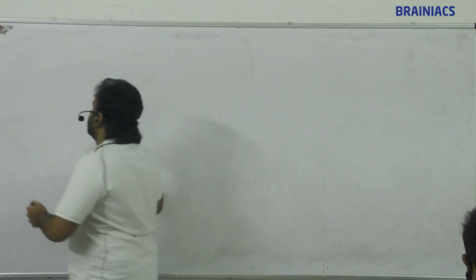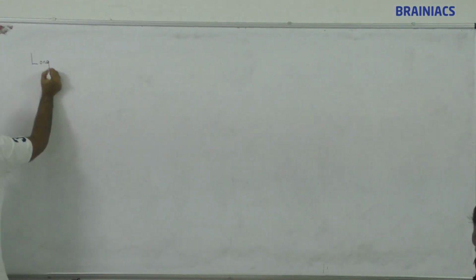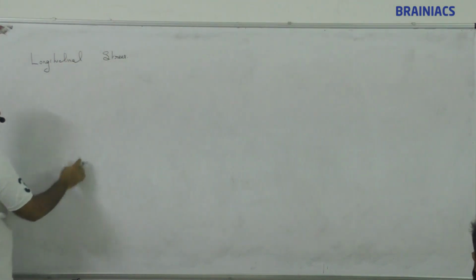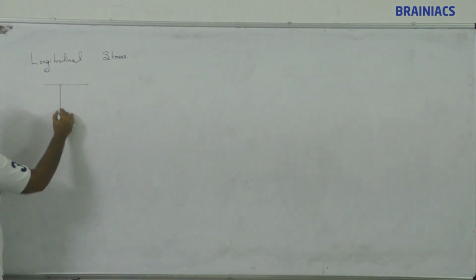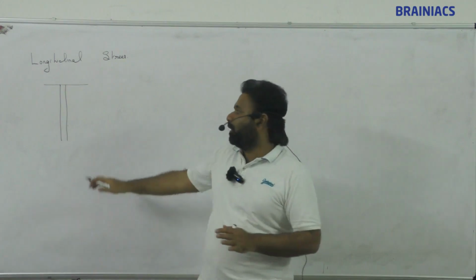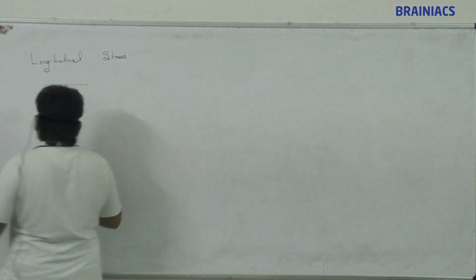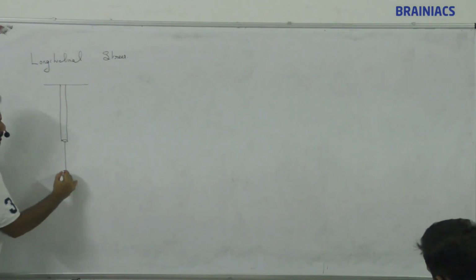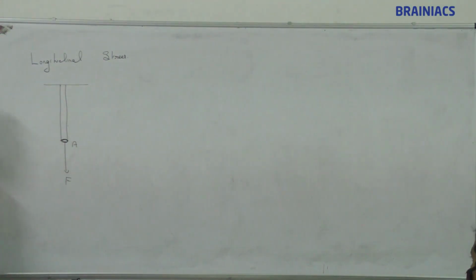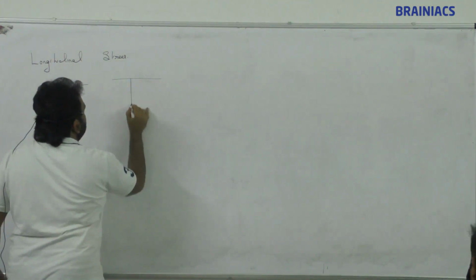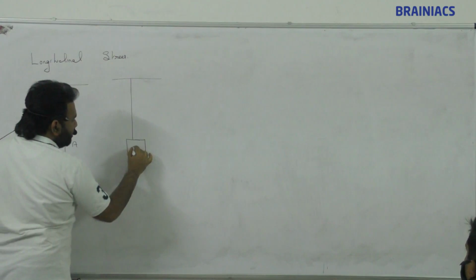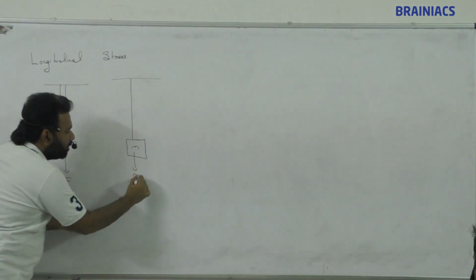The first one is longitudinal stress. Suppose we have a rod or a coil or a string, and we apply a force on this, and the area of cross section is A. The best example: if we connect a mass on this, mg will be acting on this.